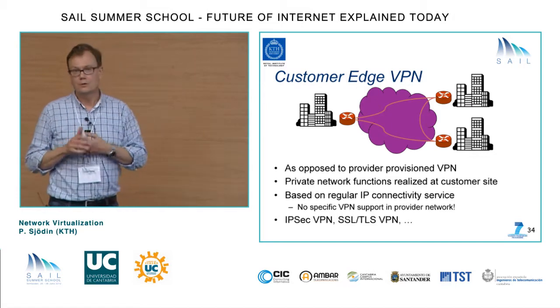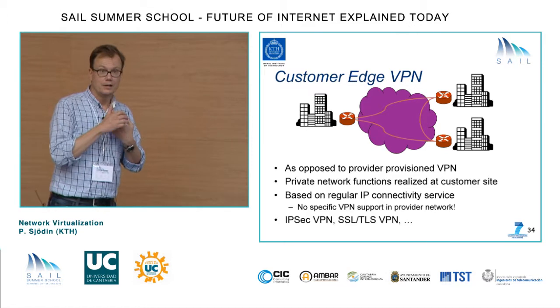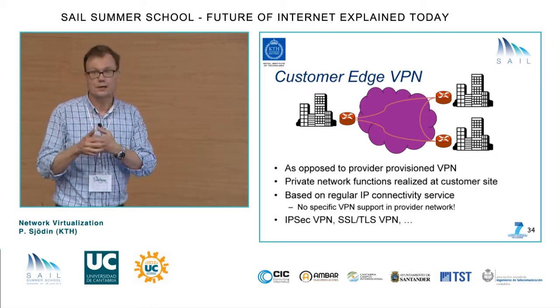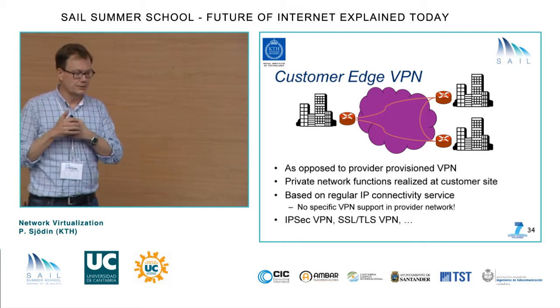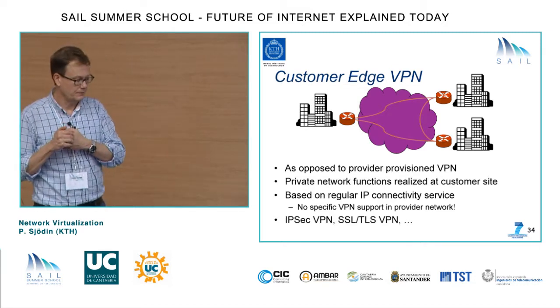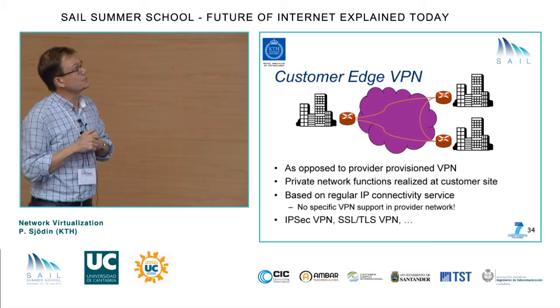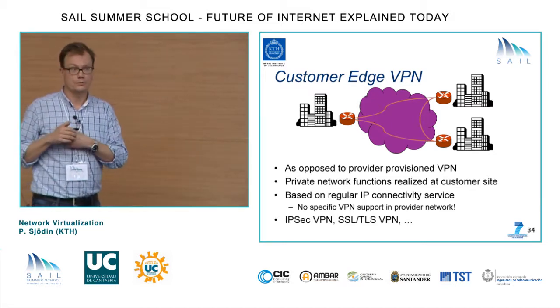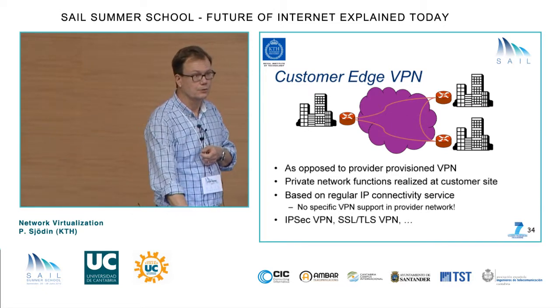So far, I've only been talking about provider provisioned VPNs, where the provider is selling a service which is about interconnecting the corporation's different offices and branches with a virtual networking service. But we don't need to go to the provider in order to do this. If we want, we can do this ourselves. We can set this up in our computers.